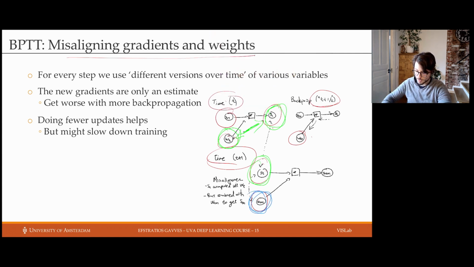So there is a discrepancy between s_t and W_{t+1}. They are computed with one time step difference, and that introduces some sort of misalignment that could potentially cause problems. One way we can alleviate this is by performing fewer updates. However, this might slow training. I'm not saying that this is going to be a huge problem, but it is something that you have to keep in mind.